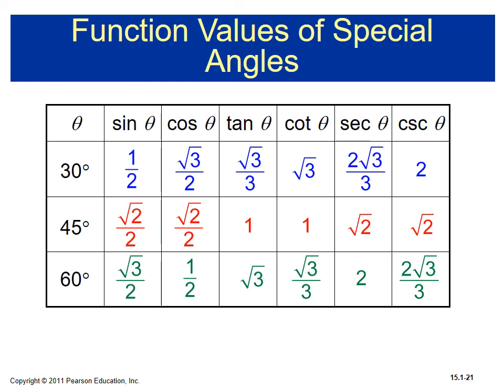45, 45, 90s. Again, sine and cosine are going to be equal because it's isosceles. So it's square root of 2 over 2. Tangent and cotangent are both 1. Secant and cosecant are square root of 2. And then with 60-degree angles, here's something you may find rather interesting. Maybe not, but I do, right?